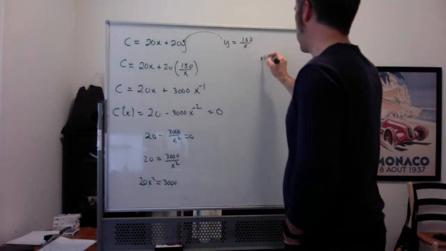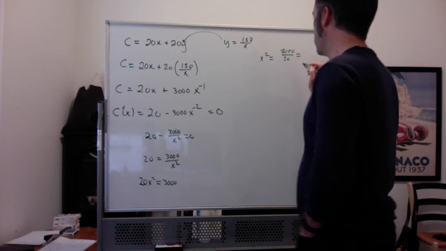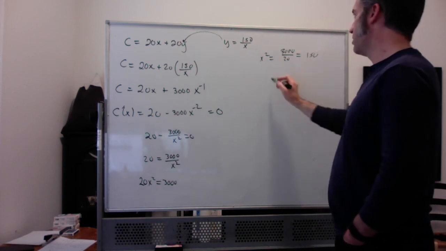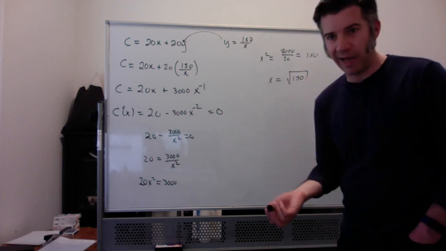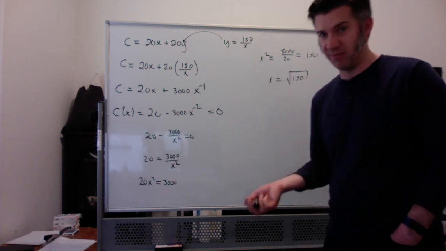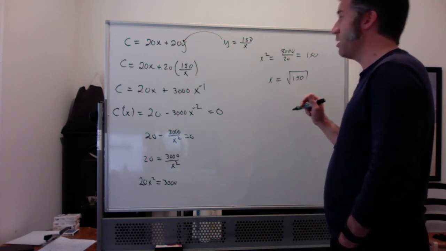So x squared equals 3,000 divided by 20, which is 150. So x equals the square root of 150. Not plus or minus, right? We know it's not negative. It doesn't make sense for the side length to be negative.